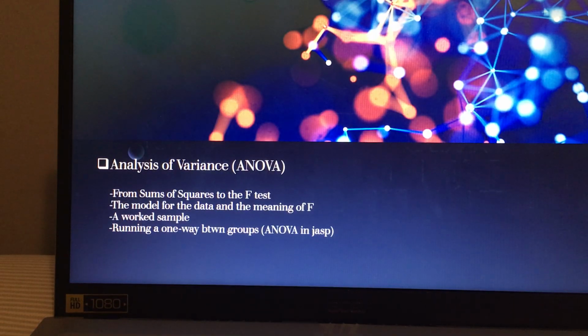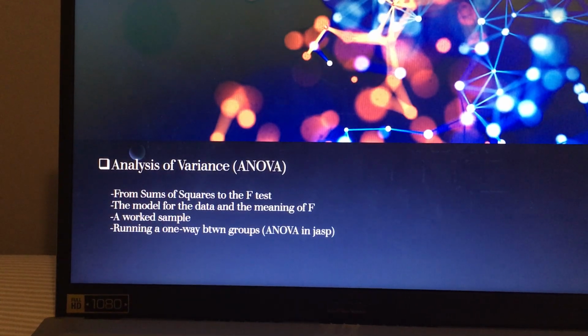So SSB and SSW to each other, all right? So if the between group variation, SSB, is relatively large compared to the within group variation, then we have reason to suspect that the population means for the different groups are not identical to each other.